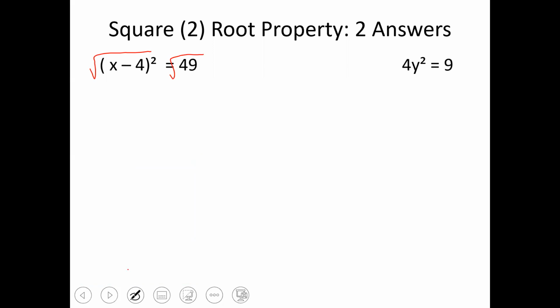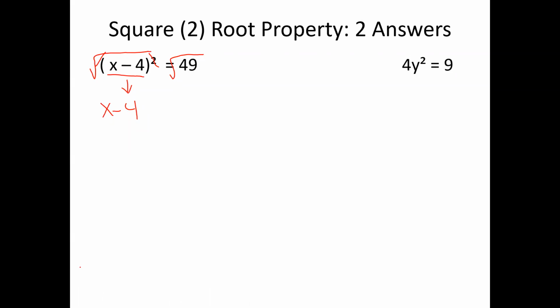Now, on the left side, the square root symbol and the little 2 are going to cancel each other out. So you're just going to bring down that x minus 4 because they're opposite.